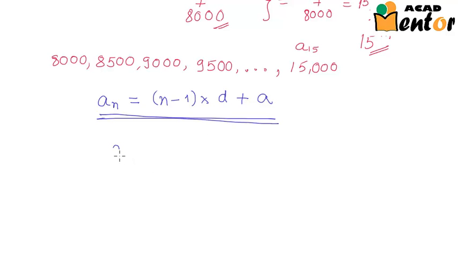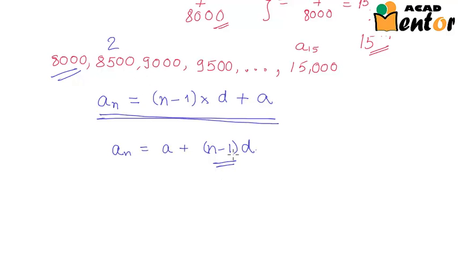That means the nth term of any AP is equal to the first term plus n minus 1 times the common difference. We are making n minus 1 increments because there was no increment in the first time. The increment started from the second time.